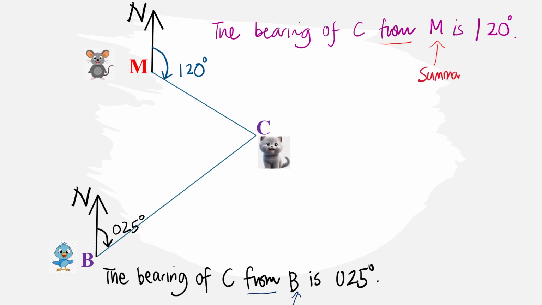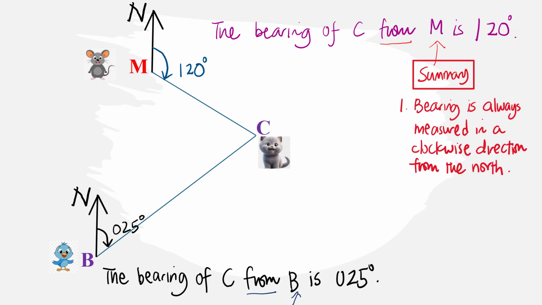So in summary, bearing is always measured in a clockwise direction. If you're not too sure how the clockwise direction looks like, if you have an analog clock at home, see the directions of your hour hand and the minute hand, that will be the clockwise direction. It's always measured in the clockwise direction from the north, and the bearing is always three digits and 1 decimal place if the answer is not exact.